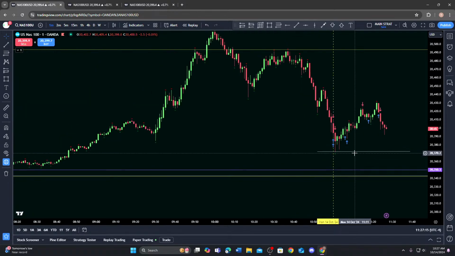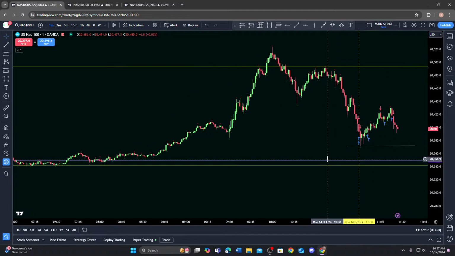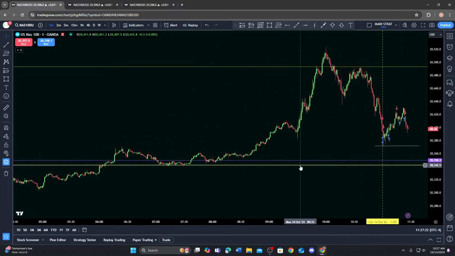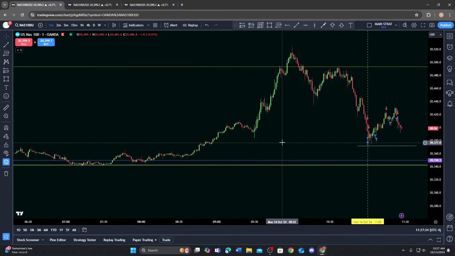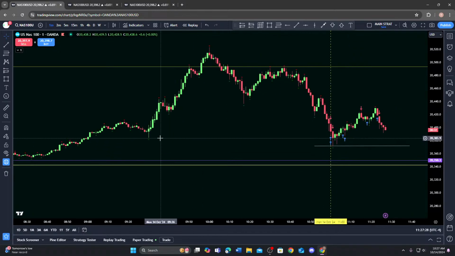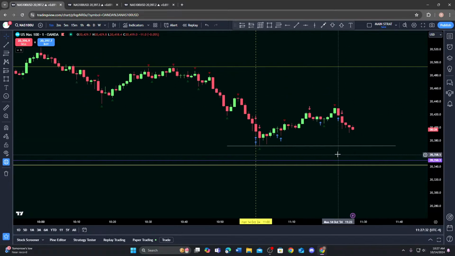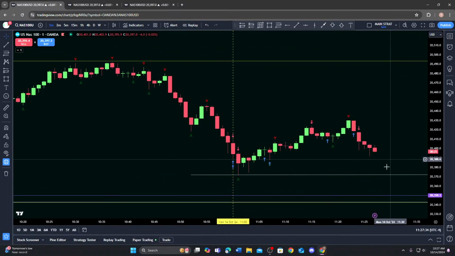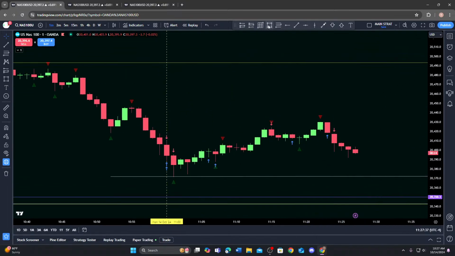What we're looking for basically is, do we want to continue down to take out this sell side, or was this sell side efficient enough for the market to want to reach for buy side? Have a volume imbalance here. And what time is it? 10:27.